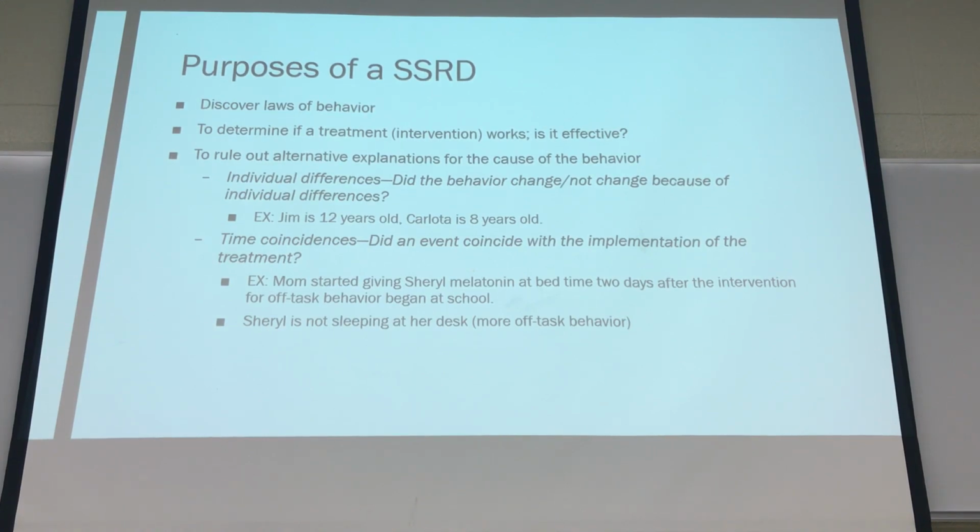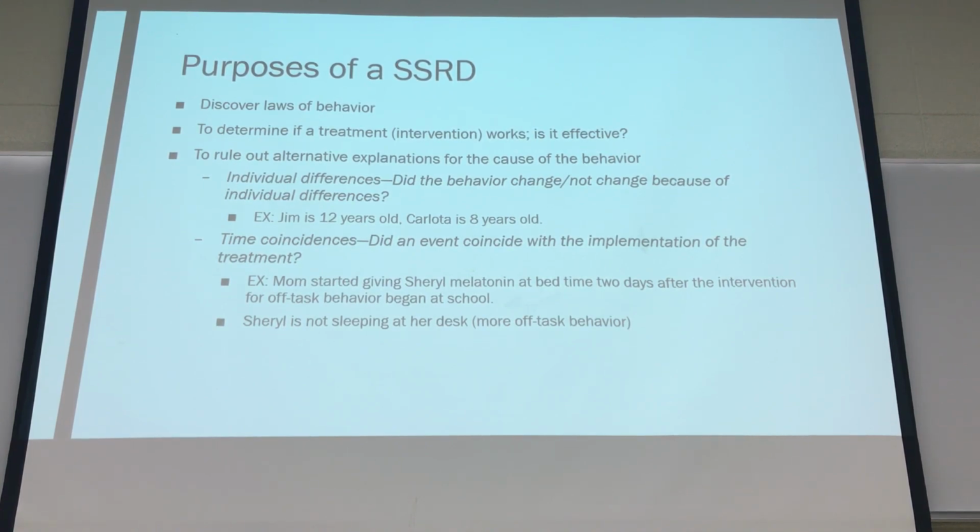Time coincidences. Did something happen at the same time or during the time in which the intervention was being implemented? If something happened at the same time as intervention, now we have confusion. It's called a confound.